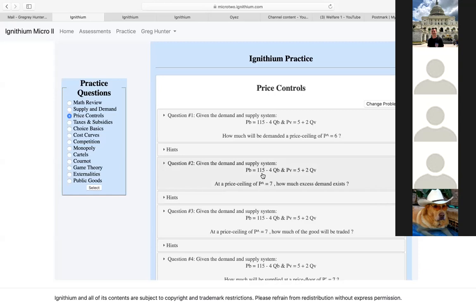In fact, you will find out that there are some questions where the price ceiling is above the equilibrium price, in which case the equilibrium price prevails and nothing happens in the market, which means there's no excess demand and no excess supply. So we said before, do you remember, Stephen? I don't know if you computed it again, you remember from last time, but our equilibrium price here is what?